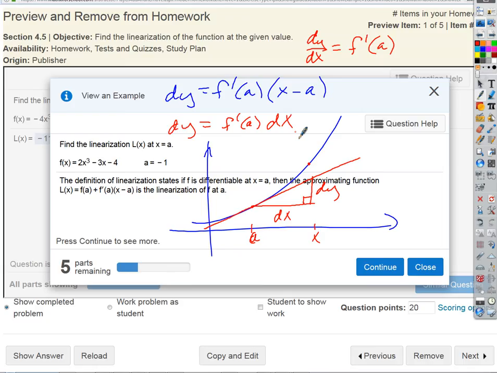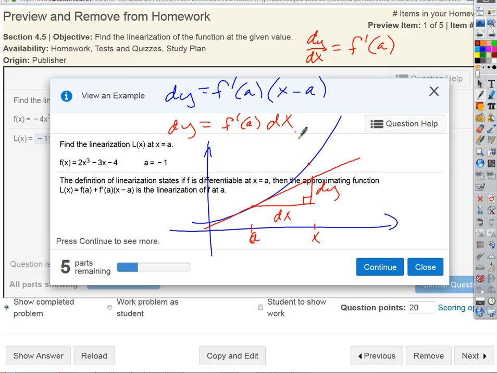If we were doing a real world problem, it'd be like the measured value, plus the error, minus the predicted value. Does that make sense? If we measured something to be 24 inches plus or minus 0.01 inches, then 24 would be a, and the value with the error included would be x.